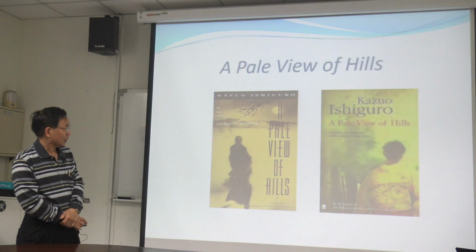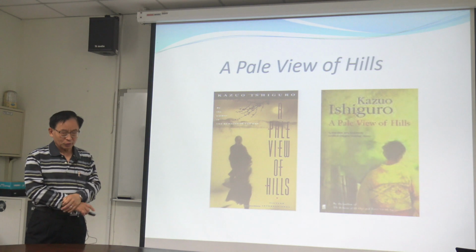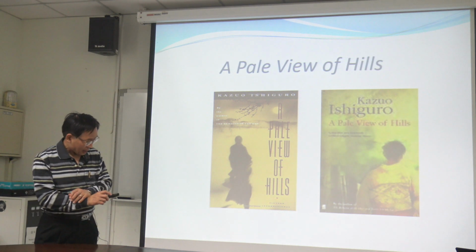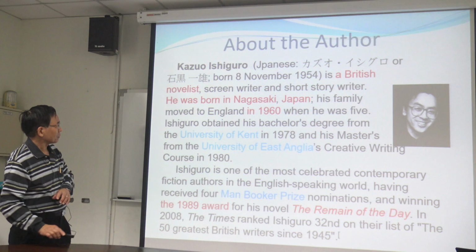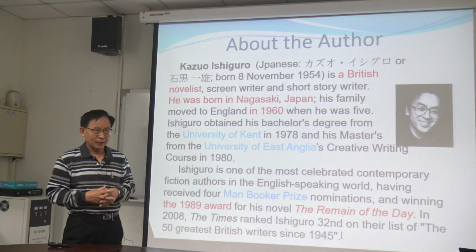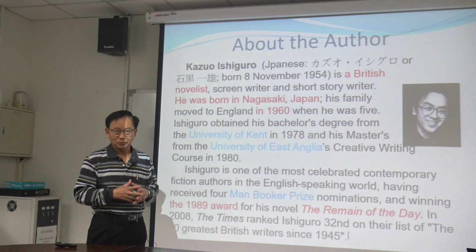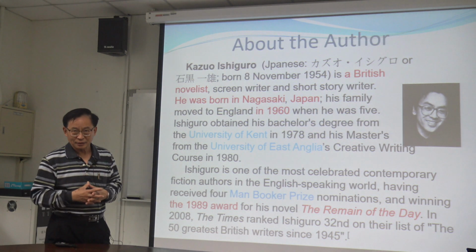Alright, folks, let's continue with our discussion of A Pale View of Hills. You remember last week we talked a little bit about the author, and by now you should know the author was born in Japan, in Nagasaki.